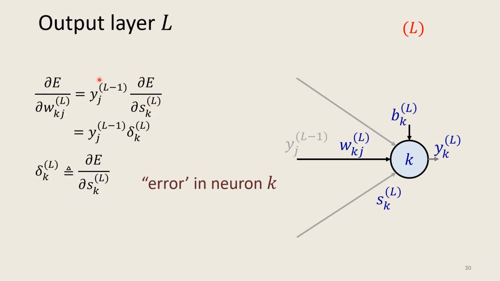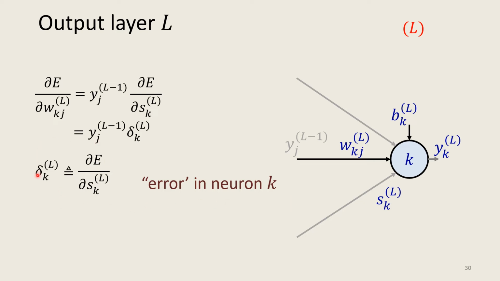Now we define the error delta k of this neuron k as the derivative of the loss with respect to the net input to that neuron. Now this is a generic definition. It applies to neurons in other layers as well.